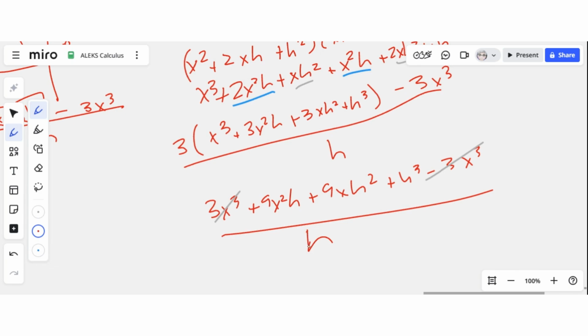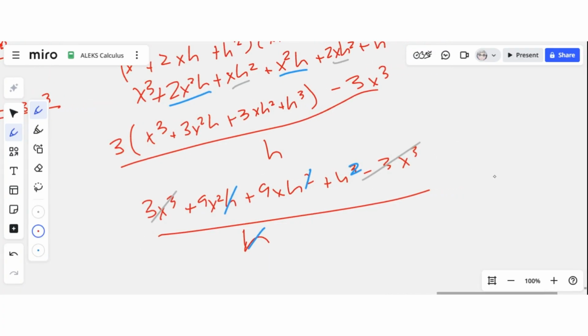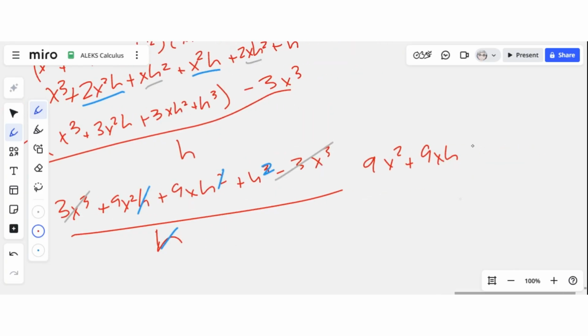So we can cancel 1 h there, 1 h there. This would become a 2. Let me rewrite that expression so it's a little clearer. We ended up with 9x squared plus 9xh plus 3h squared. And what we want now is the limit of this as h approaches 0.